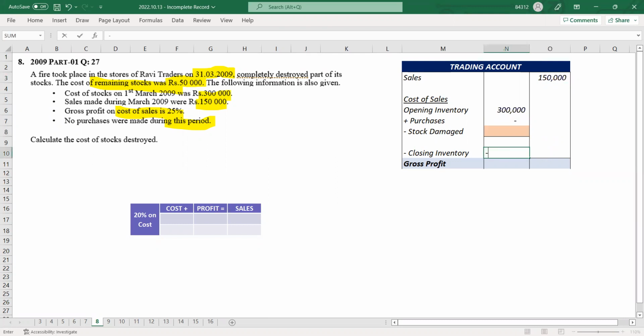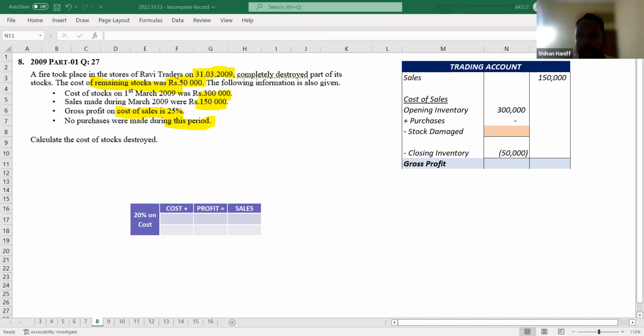Closing inventory is 50,000. What is the answer? Yes, anyone answer?